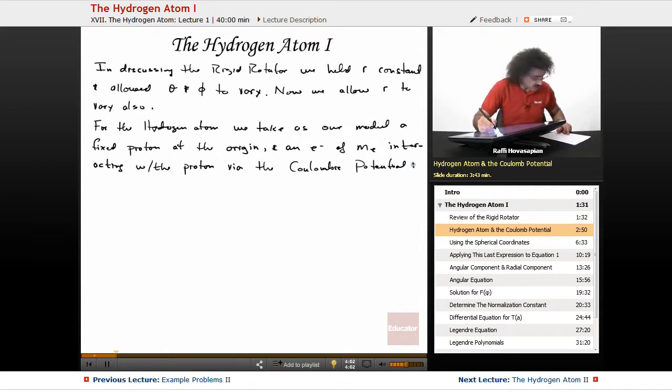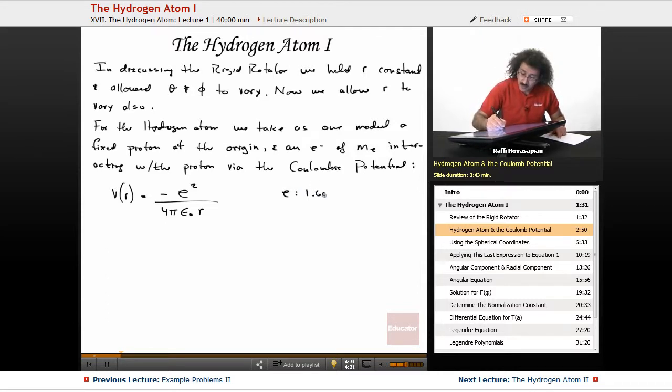And the Coulombic potential is, so the potential energy, for a positive charge and a negative charge, the distance between them being r, is going to equal minus e squared over 4 pi epsilon sub 0 r. Now, e here is the charge on one proton, or the charge on an electron in coulombs.